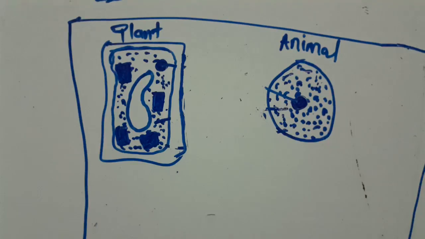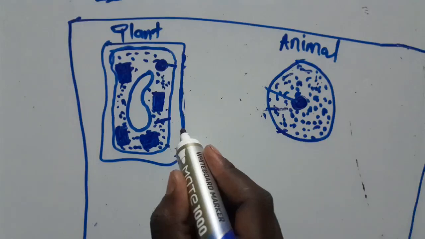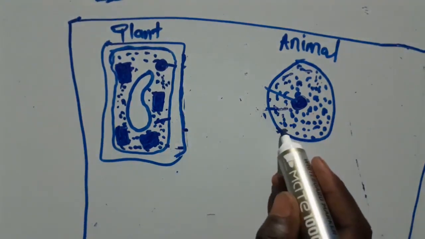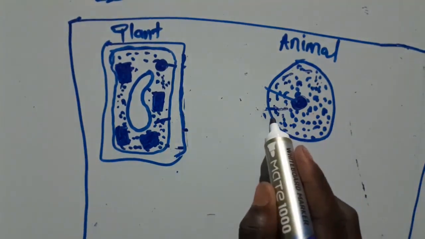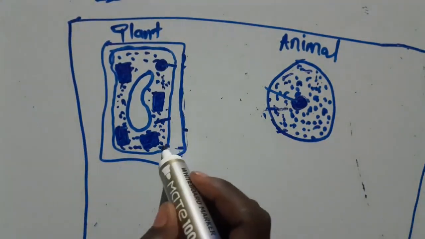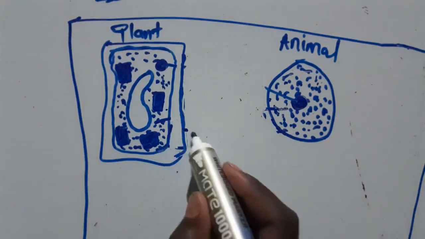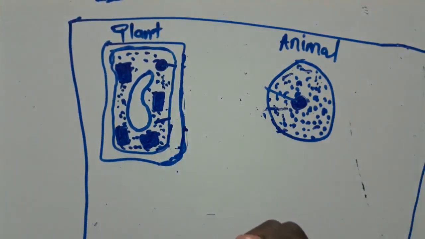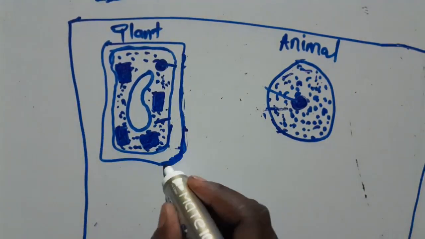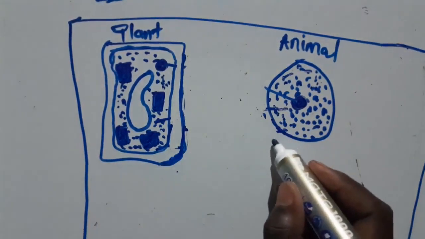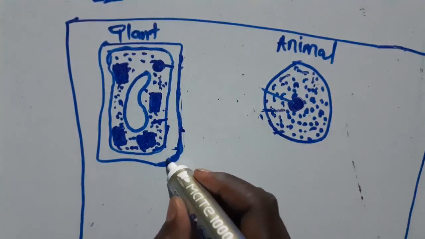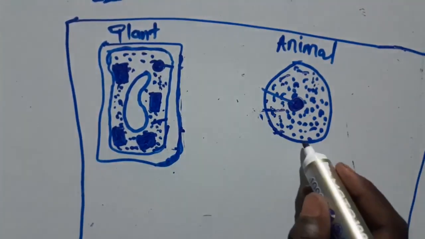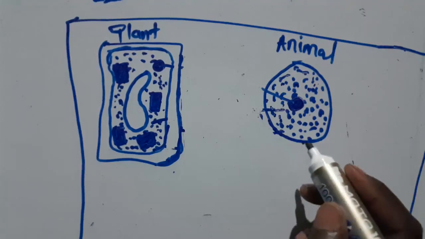The first difference we notice is this part. An animal cell only has a cell membrane, but a plant cell has this other part as well, called a cell wall. So a plant cell has a cell wall, whilst there is no cell wall in an animal cell.